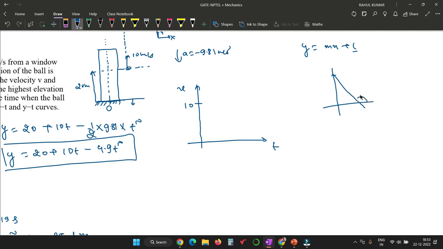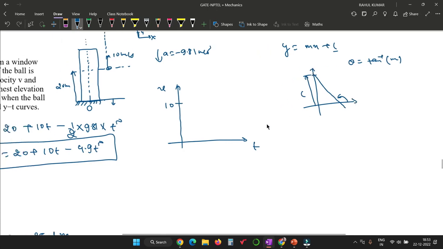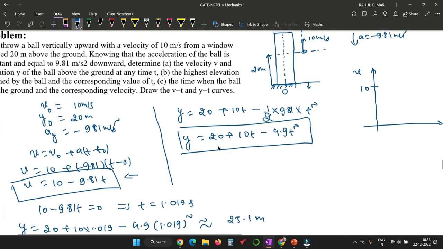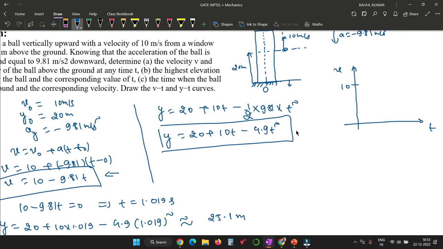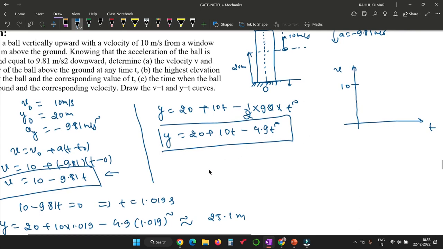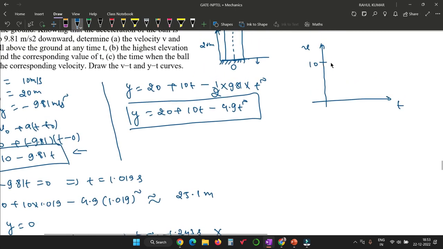Here theta is tan inverse m, and this is the value of c. Here also you can see that the y-intercept is 10, and the slope is 10 divided by 9.81. The velocity is 0 at 1.019 seconds, so you can draw like this. So this is the VT diagram.